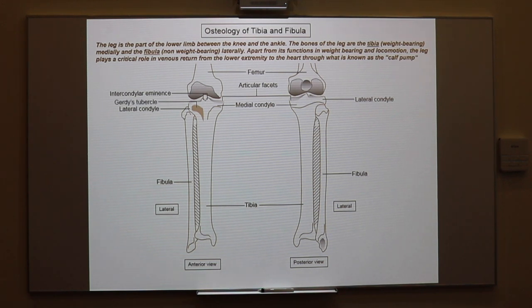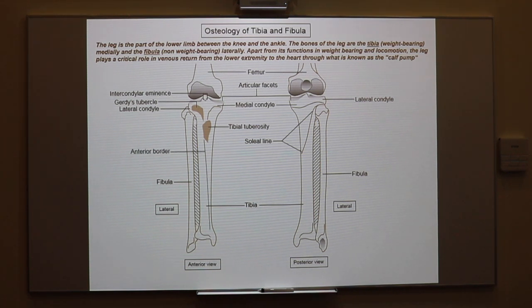You can see Gerdy's tubercle here on the anterior aspect. You can see the tibial tuberosity. This tibial tuberosity gives insertion to the ligament patellae. Posteriorly, you can see the soleal line, which gives attachment to the soleus muscle.